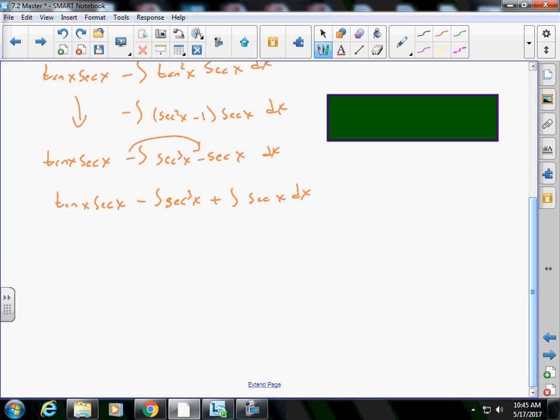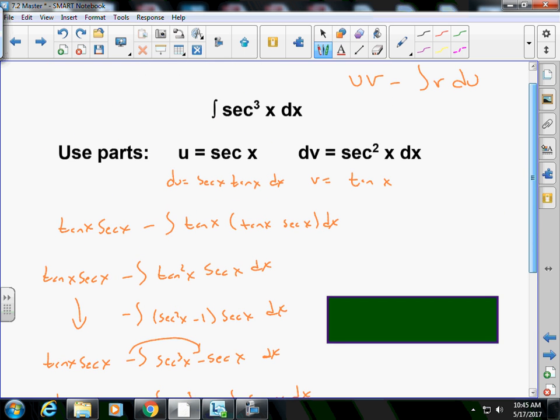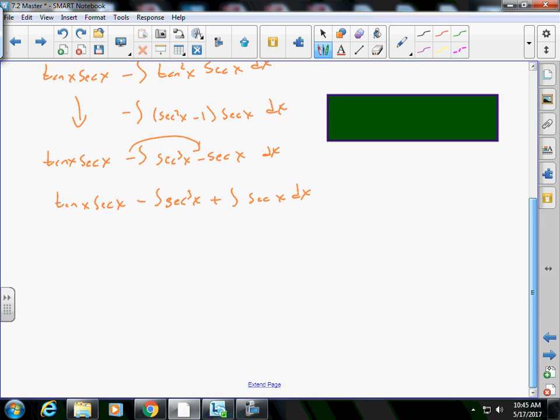I then have my original problem, going all the way back here, was the integral of secant cubed x dx. So we're using the trick that we learned before. Secant cubed x dx is equal to tangent x secant x.